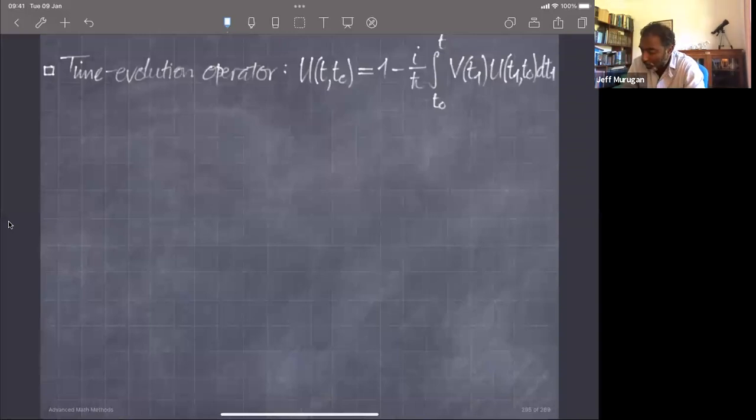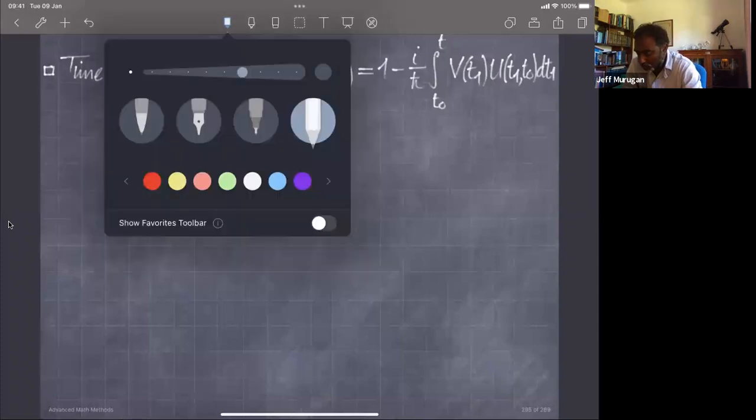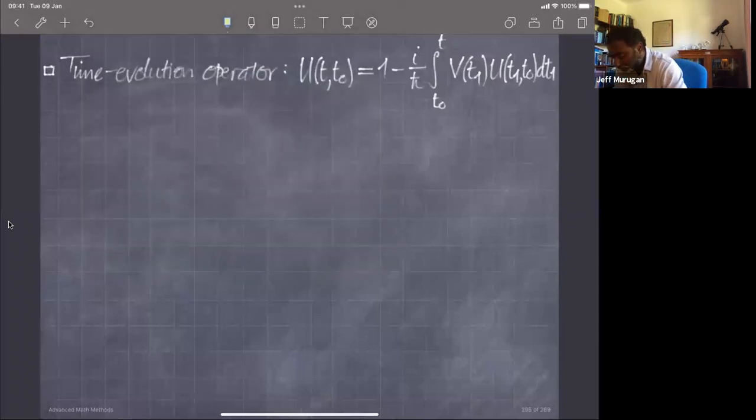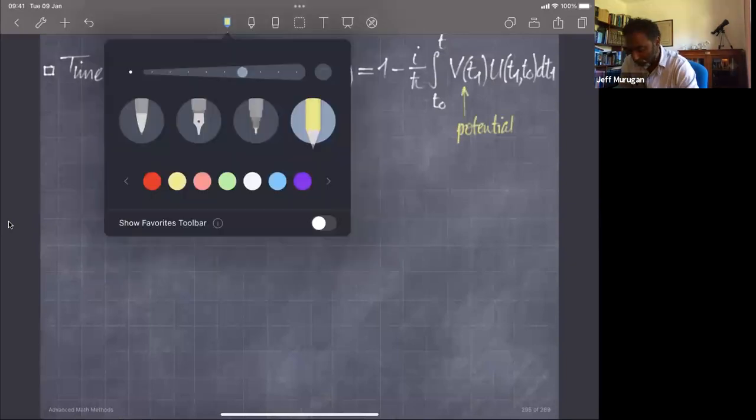Here, V is some perturbing potential to the system. And t1 is some intermediate time, and then you integrate over all the intermediate times from t naught to t.